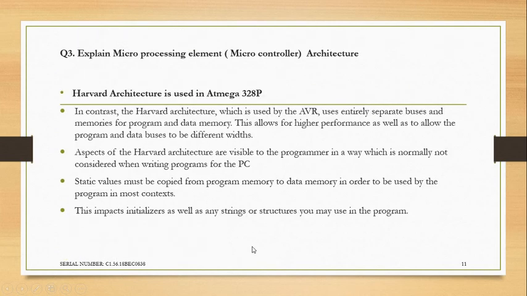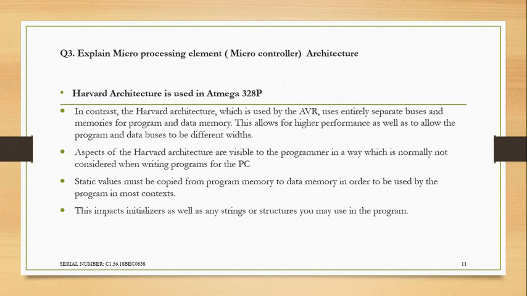Explain microprocessor architecture. ATmega328P uses Harvard architecture. In contrast, Harvard architecture, which is used by the AVR, uses entirely separate buses and memories for program and data memory. This allows for higher performance as well as allowing the program and data buses to be different widths.